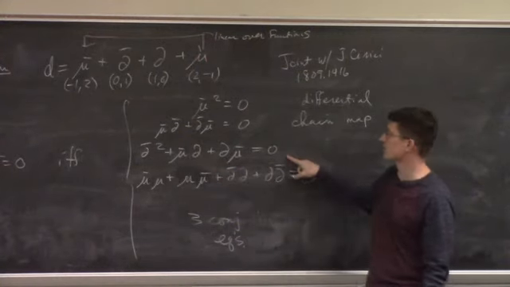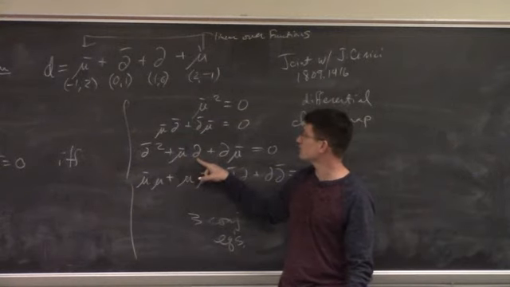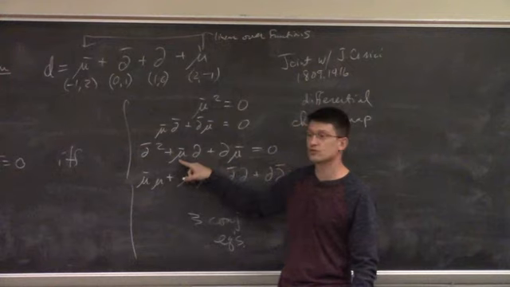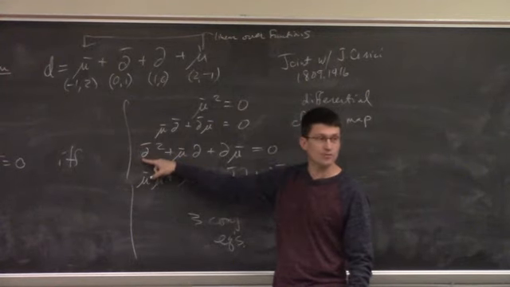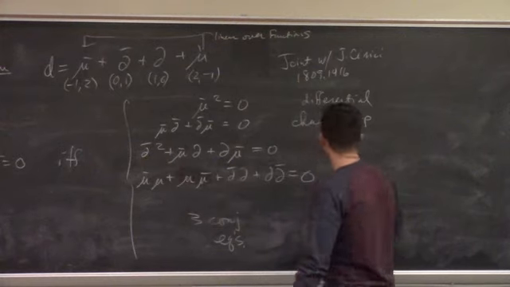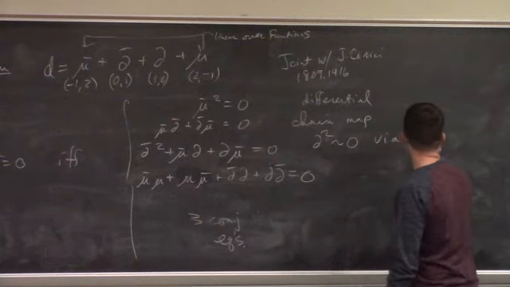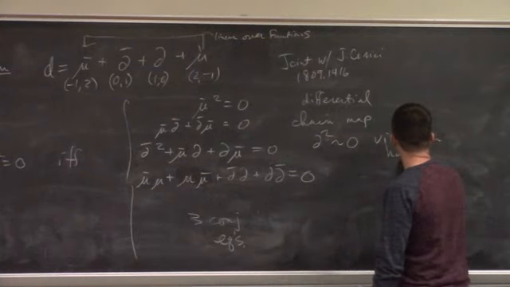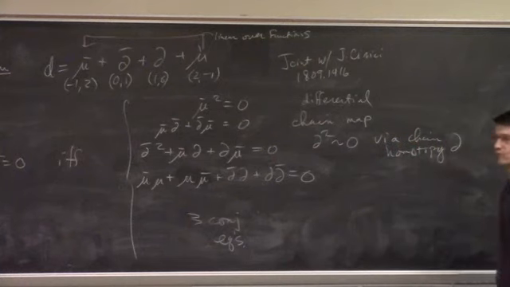And this one tells me that del is a chain homotopy for the differential mu bar, making del bar squared homotopic to 0. Del bar squared is homotopic to 0 via the chain homotopy, I should say cochain homotopy, del.